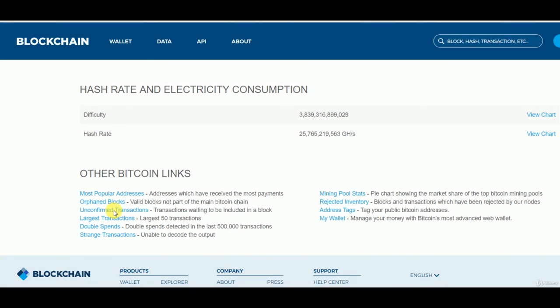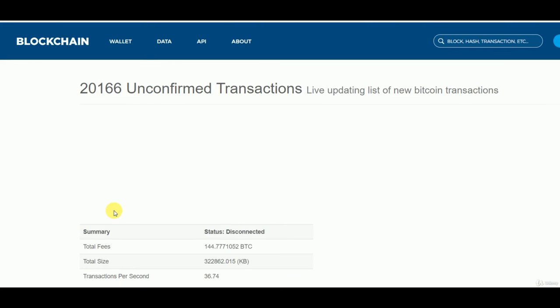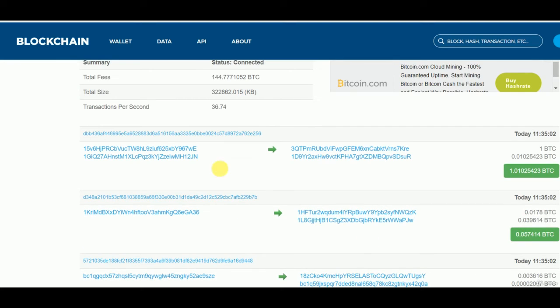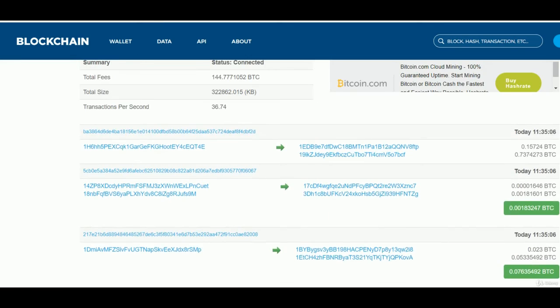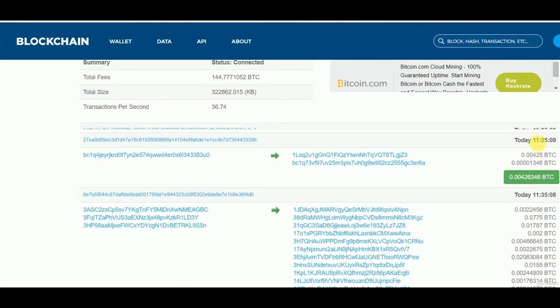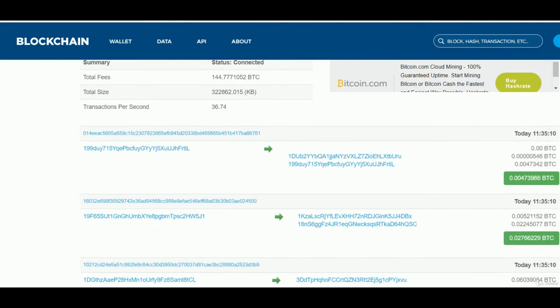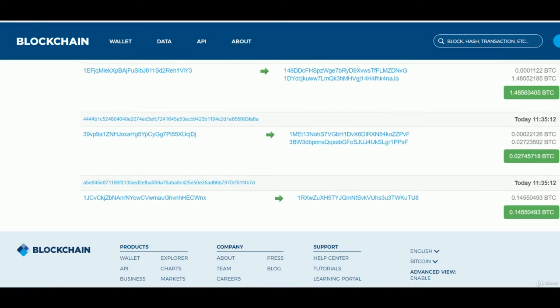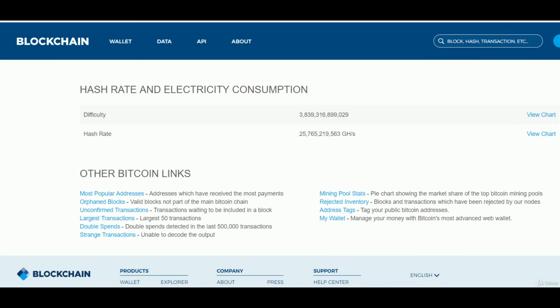If you click on unconfirmed transactions, it will tell you the status, like which transactions are still pending. The page reloads automatically with all the pending transactions. So this is the difference between confirmed and unconfirmed transactions.